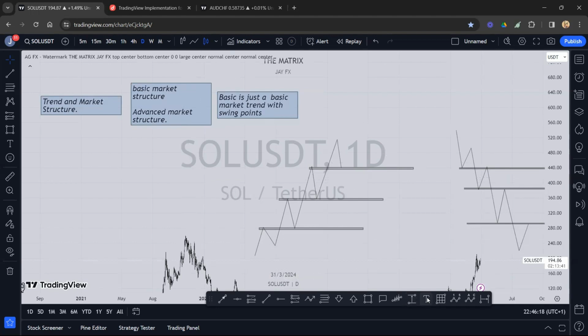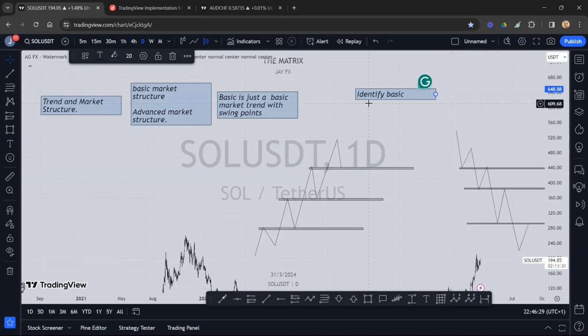So assignments, there will always be assignments. Assignment for this new week is to identify basic market structure on any three pairs of your choice, and what trend USDJPY is currently on.